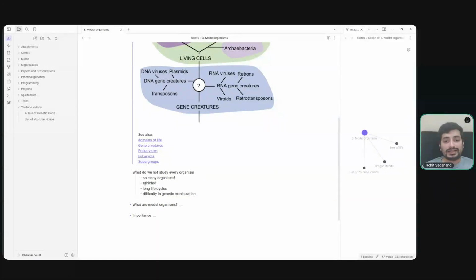Another reason is ethics. So, of course, nobody would want to become a subject for a very potentially dangerous study where we might probably want to study the effect of radiation exposure or certain harmful chemical exposure on the functions of life.